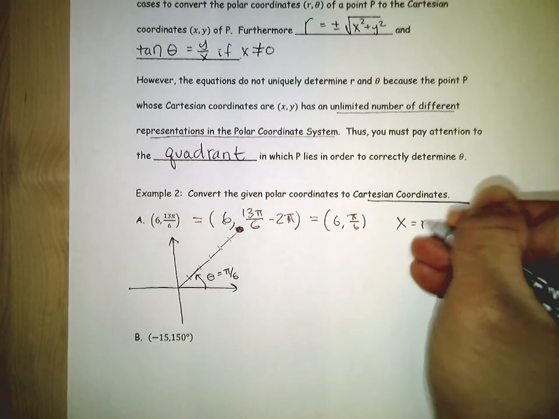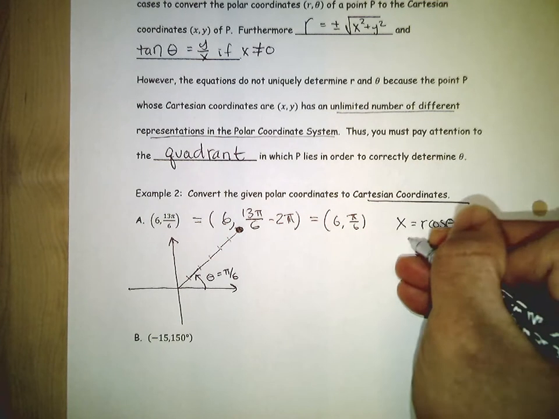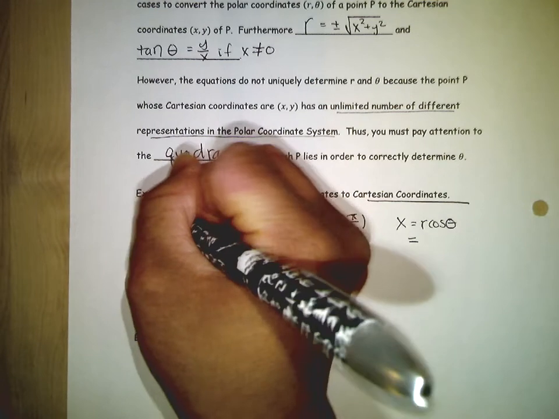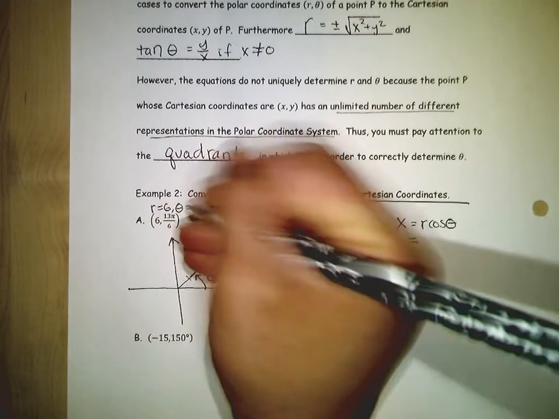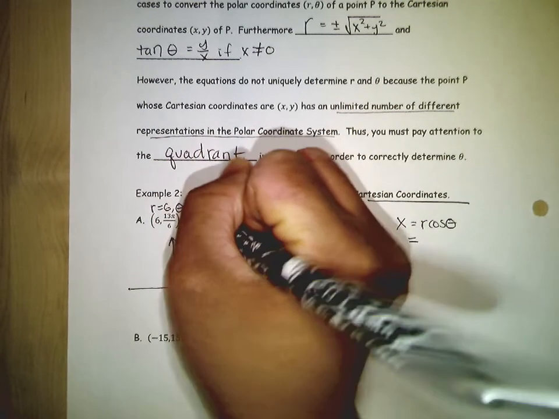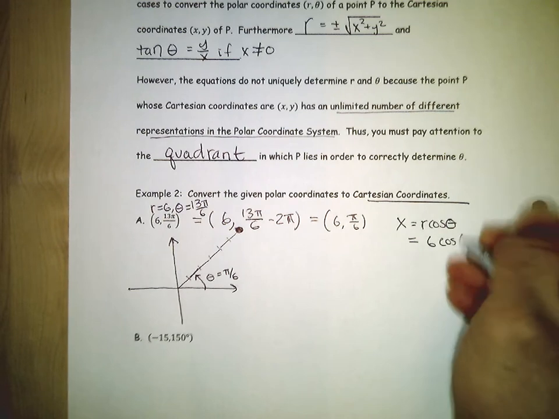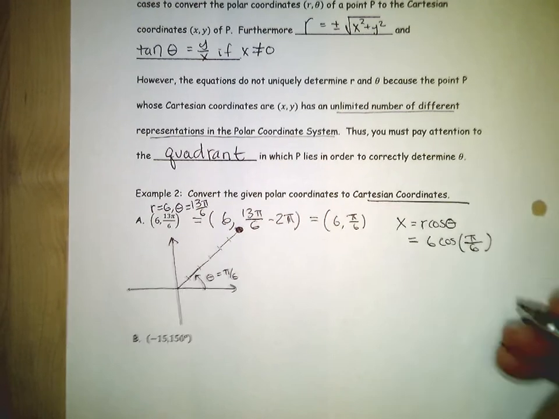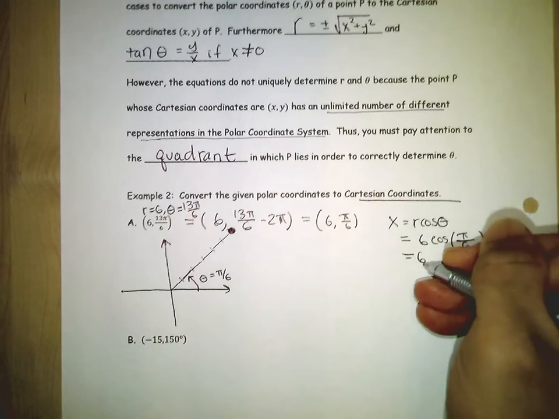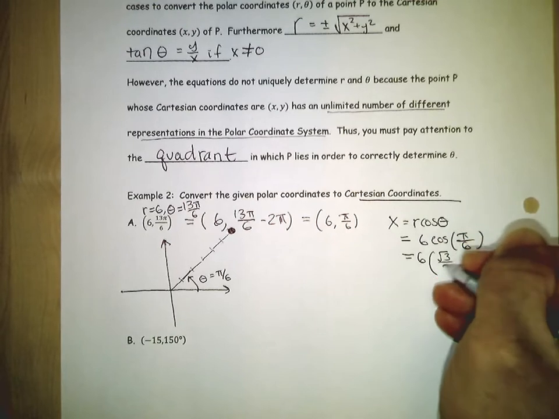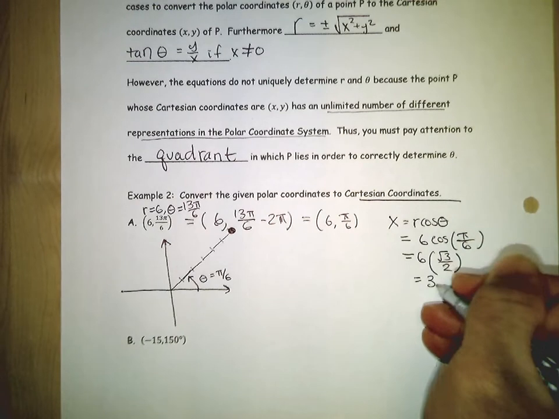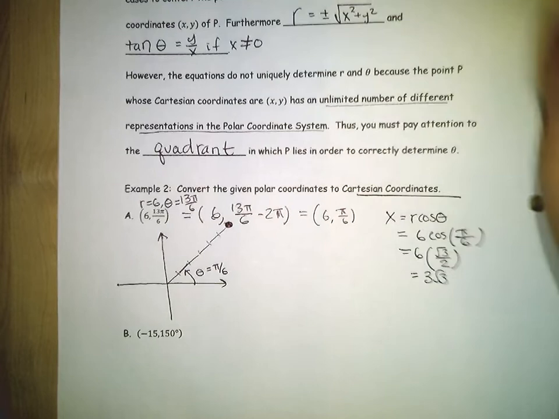All right, so how do I convert this to Cartesian coordinates? Well, x is r cosine of theta, so r was 6, and theta was 13 pi over 6, or pi over 6, so 6 cosine of pi over 6, and the cosine of pi over 6 is the square root of 3 over 2, so that will be 3 square root of 3.